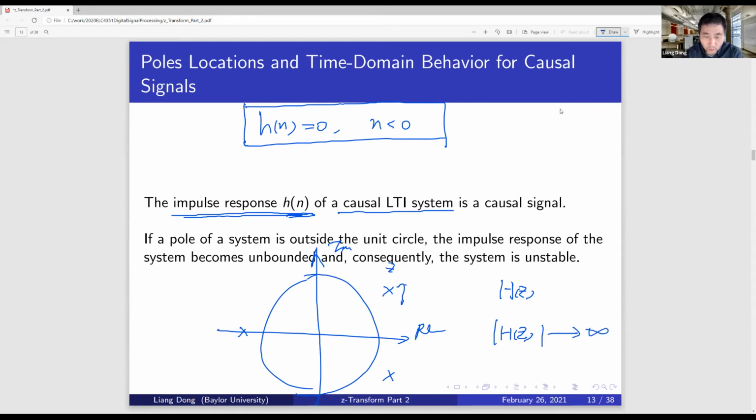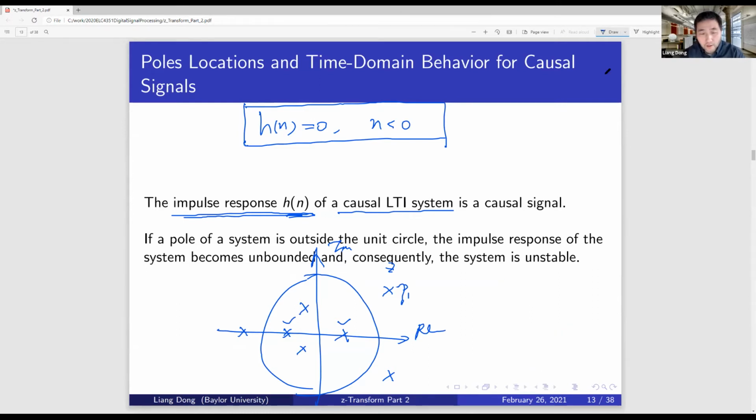Let's say this is P1. So when I evaluate z equals P1, you give me a value which is infinite. So the system is unstable. Then I have to have all these poles within the unit circle. These are the good poles. And then I can have a system that can be stable.